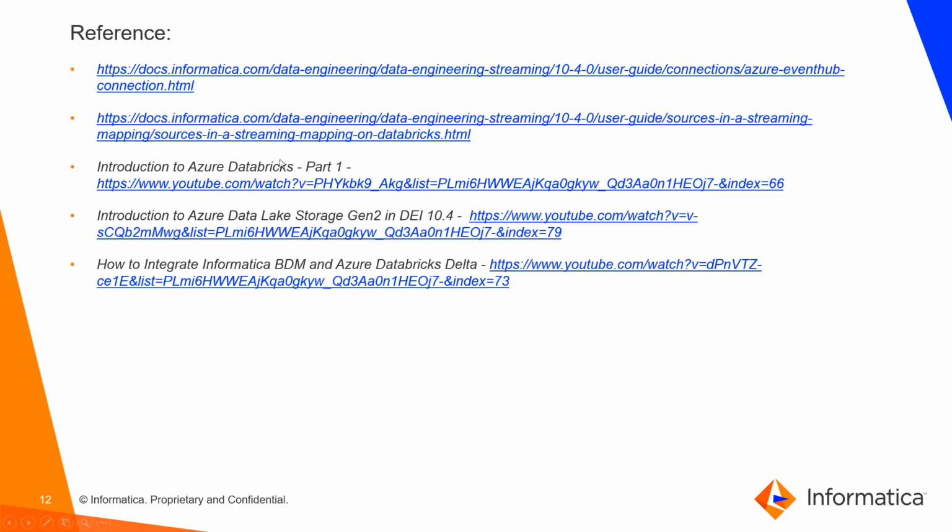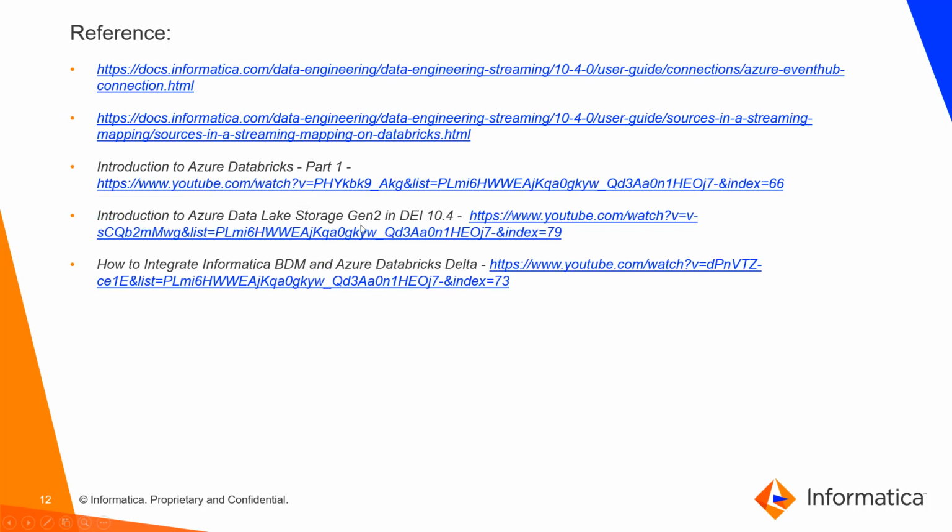For reference, you can just refer to the documentation. Also, to understand what Azure Databricks is and how to create connections, you can refer to this YouTube link. You can also log into successportal.informatica.com, where we have the links given here. To create an ADLS Gen2 directory, create ADLS Gen2 connectivity and run a mapping, you can refer to the second video KB.